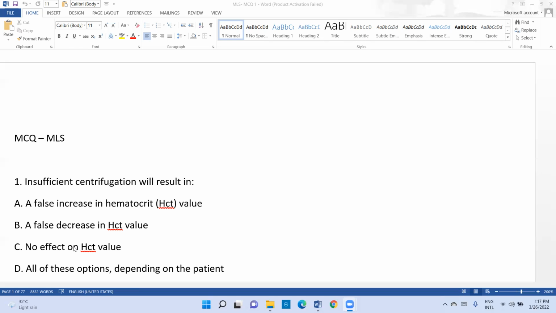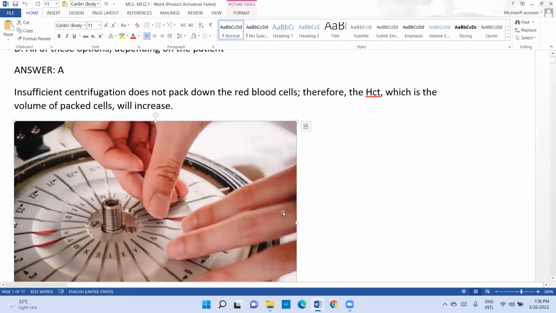What is HCT? It is the percentage of red cells in the blood by volume. So to get HCT, we do centrifugation. We centrifuge the blood, usually in a microhematocrit centrifuge.